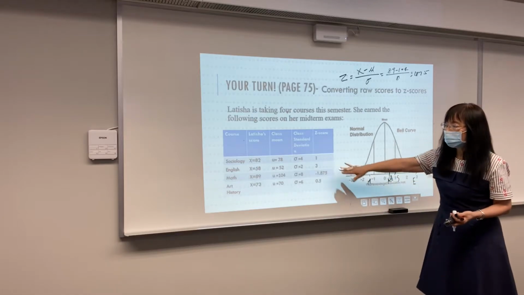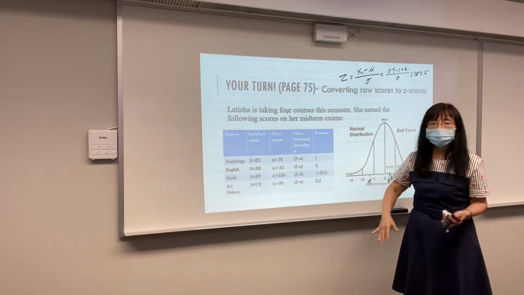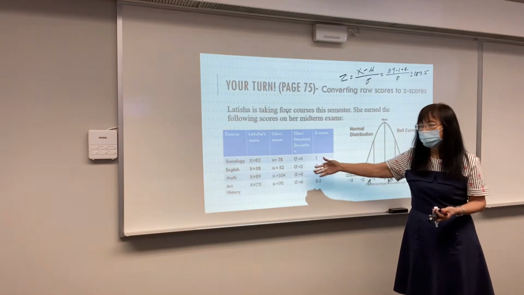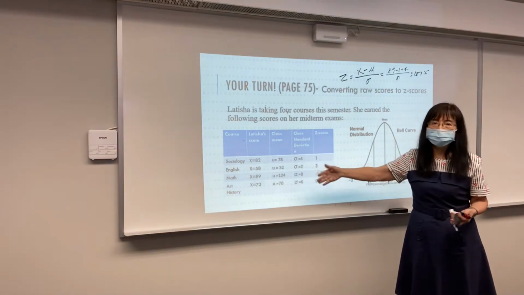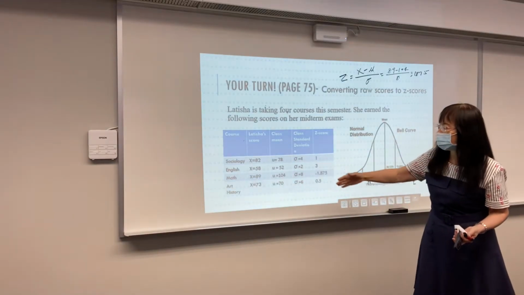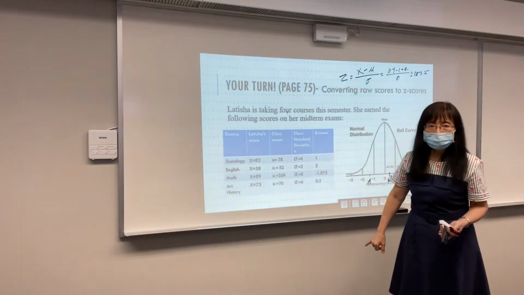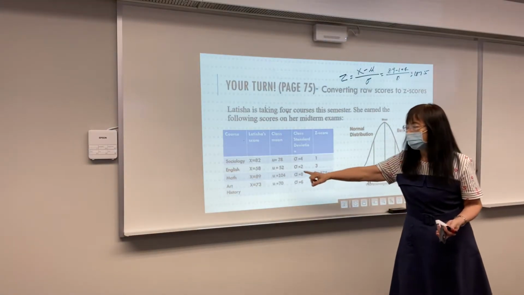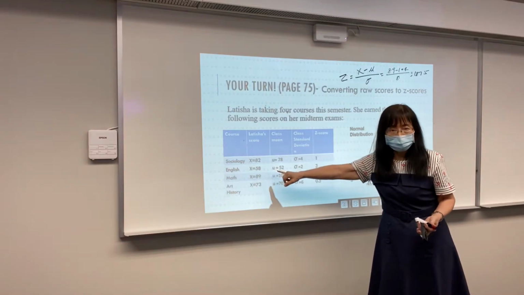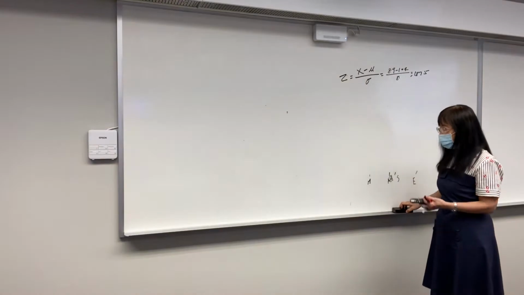Because they are from different classes, you cannot just say this class is where I'm doing the worst. You need to know what other people do. For English, the average score is even lower than her score, so she's doing pretty good. You understand that?